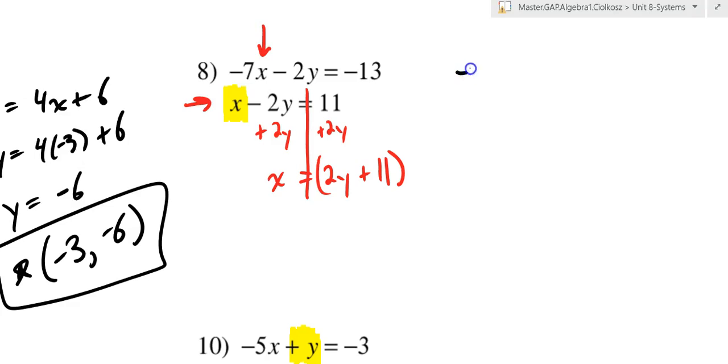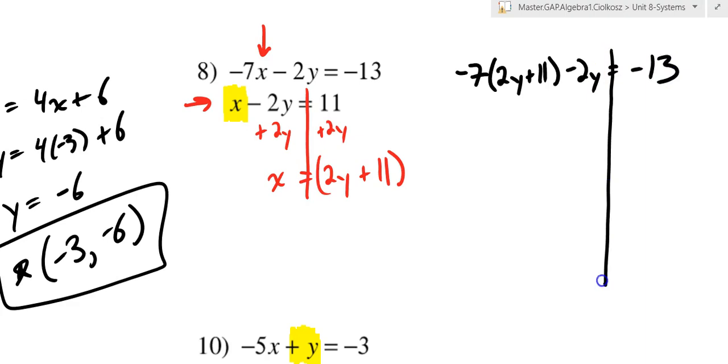So here, I'd have -7 parenthesis, 2y plus 11 minus 2y equal -13. Solving, so we're going to distribute again. Again, Unit 2 video.